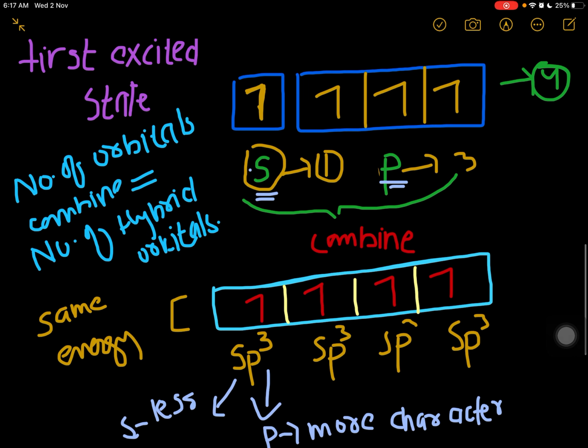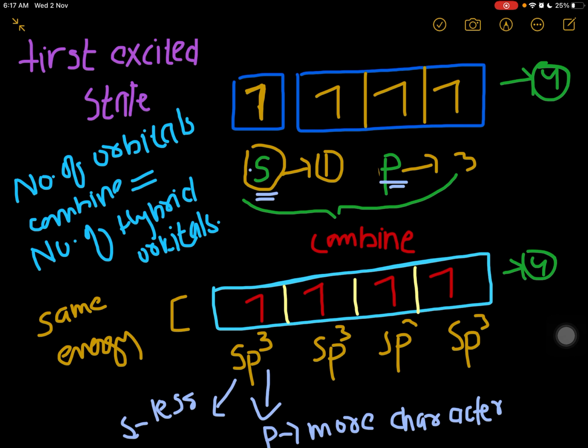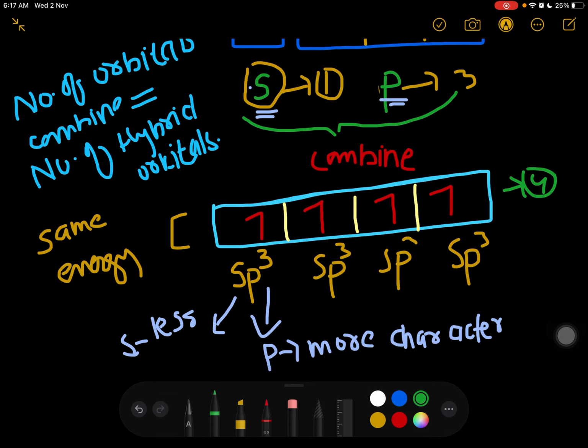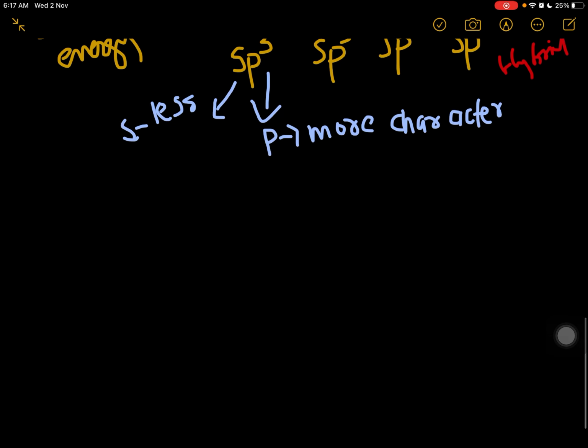And after combination, how many are formed? 4. So the number of orbitals combined together equals the number of hybrid orbitals. Now you might wonder what hybrid means. Hybrid means something which has been changed: previously there was something else, now there is something else, so they are known as hybrid orbitals.